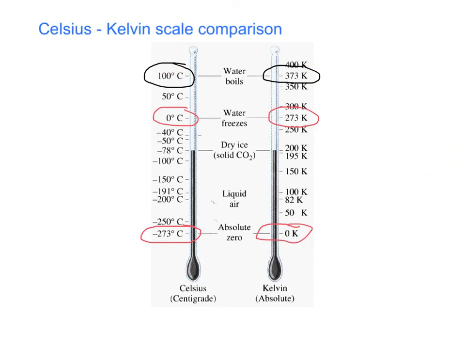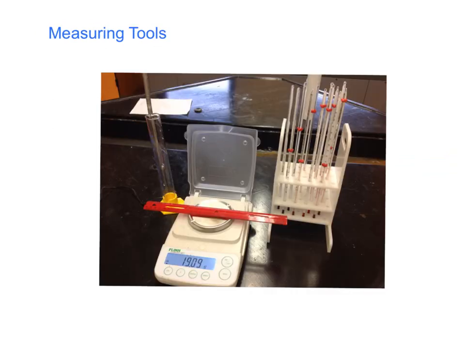Here are the measuring tools that we're going to see commonly throughout the year. Right here is something for measuring volume. That's a graduated cylinder. To the far right, you see a giant grouping of thermometers. Those are for measuring the average kinetic energy of the solutions that we're going to be looking at, also known as temperature.